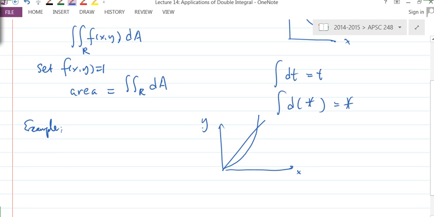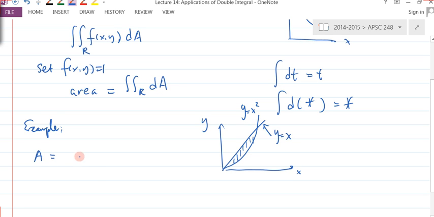So let's say I have a region. This region is bounded by two curves. One is y equal to x, and the other is y equal to x squared. The question is, what's the area bounded by the two curves here? According to the formula, it's pretty simple.